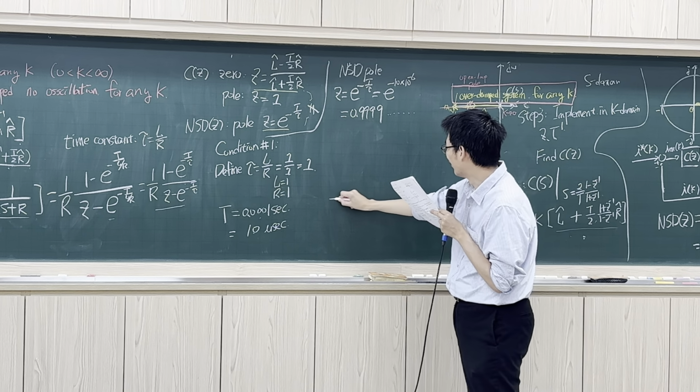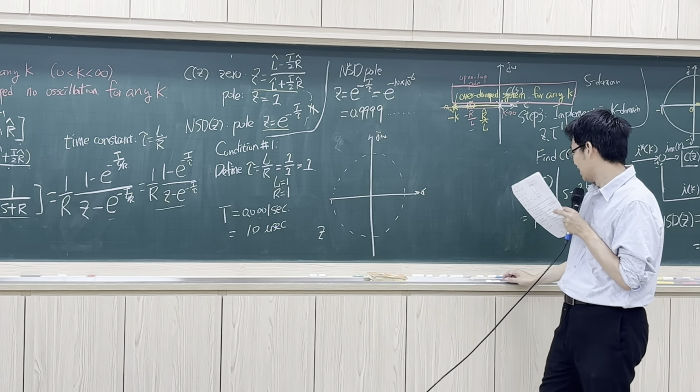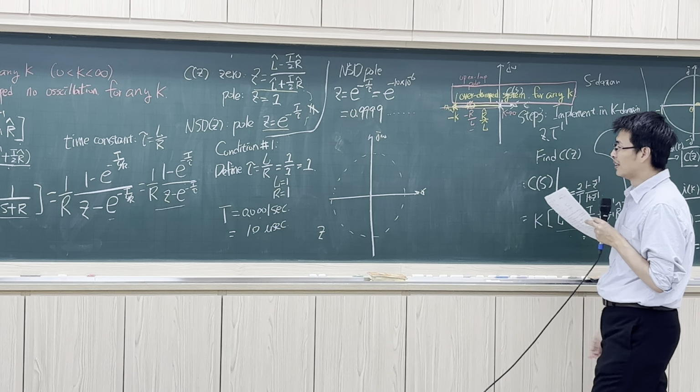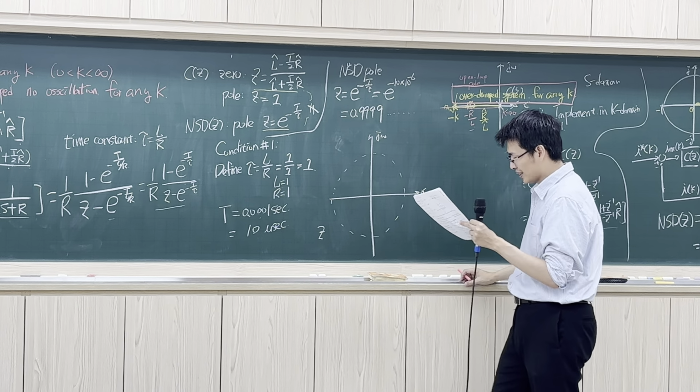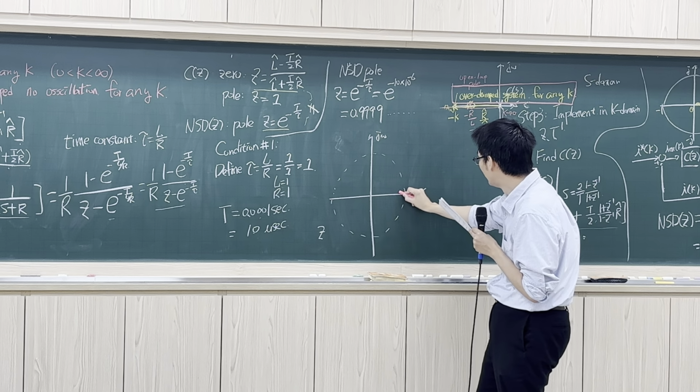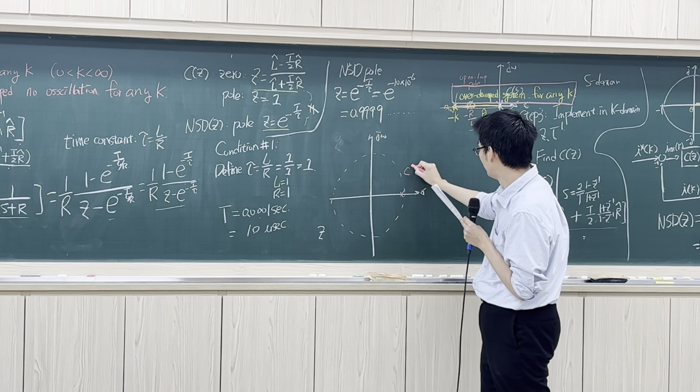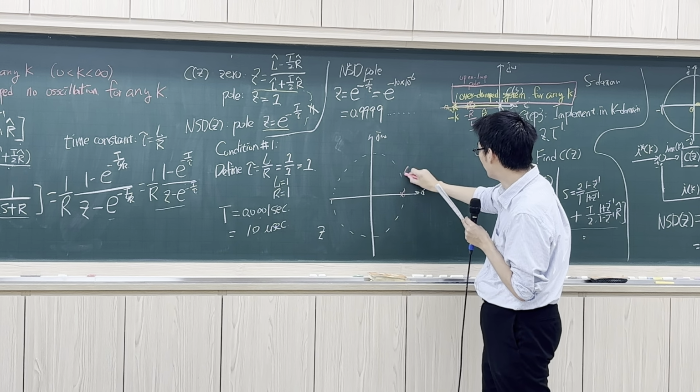Root Locus analysis in Z domain. The red one is the closed loop pole location. Closed loop pole location is located here, the red one. Open loop pole, sorry.